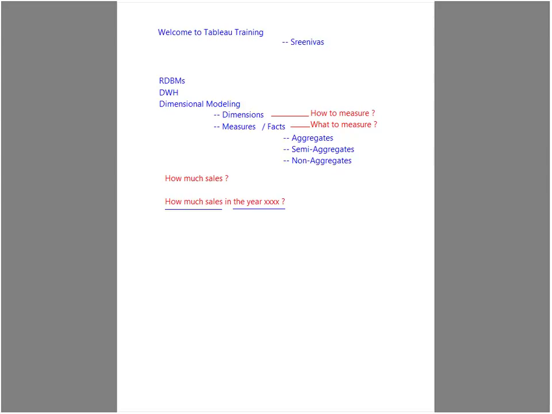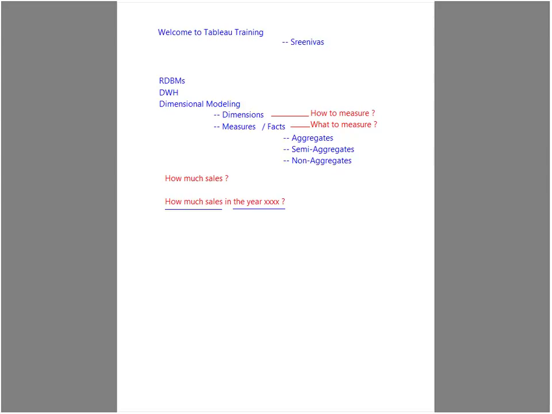But if I say $100 in the year 2017, or $1 million in the year 2016, that has some meaning. That is why whenever you want to ask a question, it should be very clear. How much is my sales? At what time? In what product category?